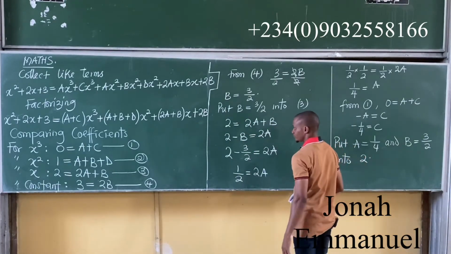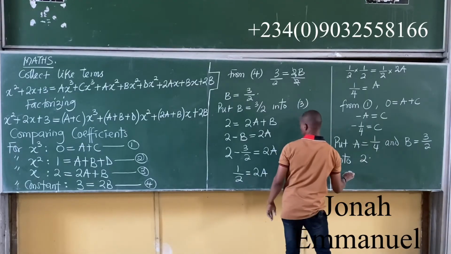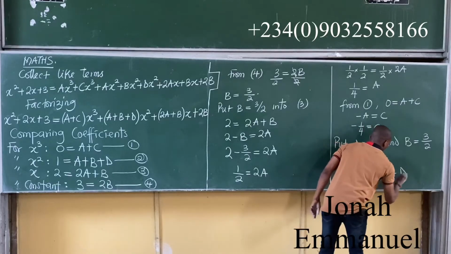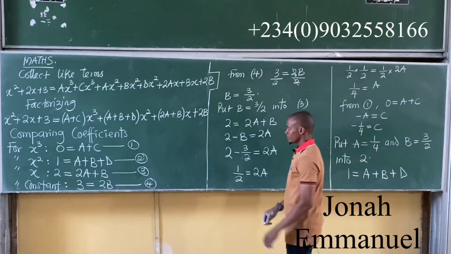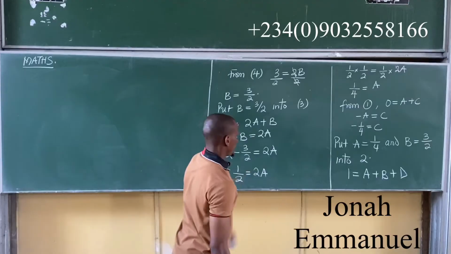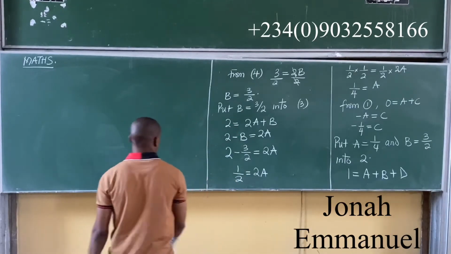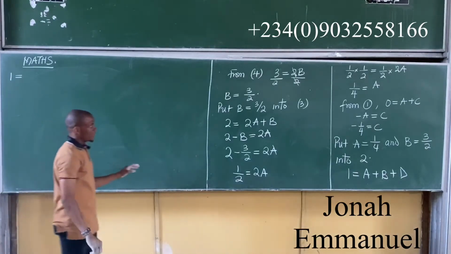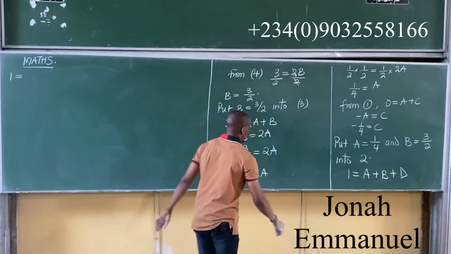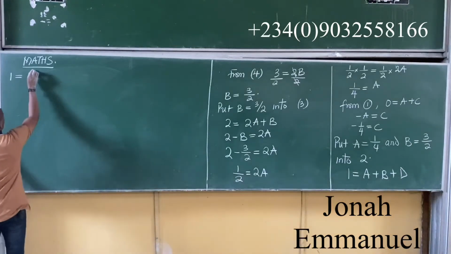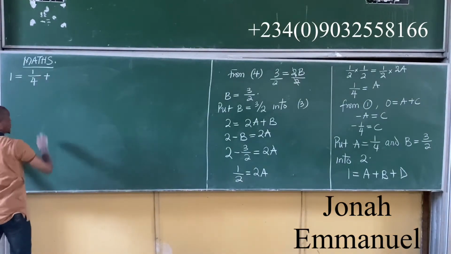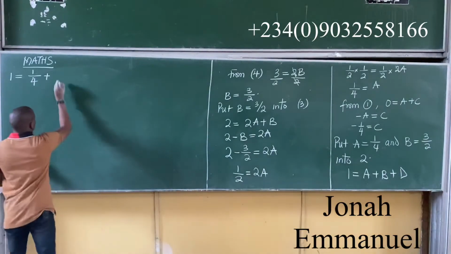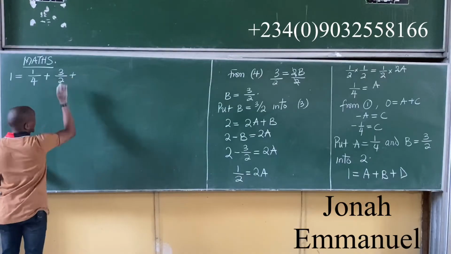So we said 1 is equal to a plus b plus d. Alright, put the value of a and b here. I'll have 1 is equal to a. A is what? 1 over 4. So 1 over 4 plus b. B is 3 over 2. So 3 over 2 plus d.